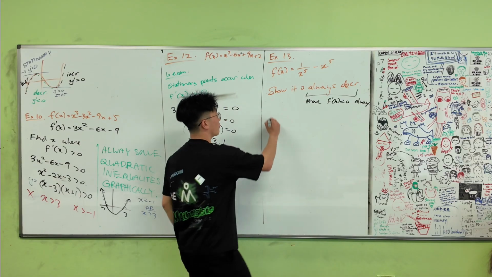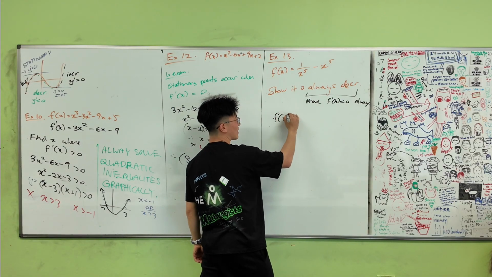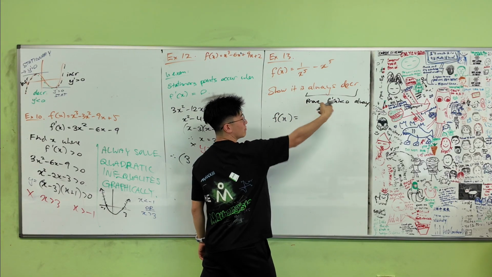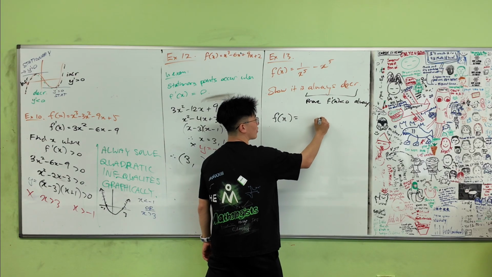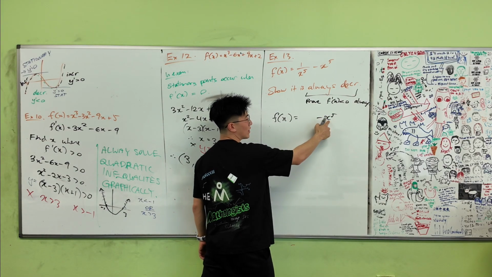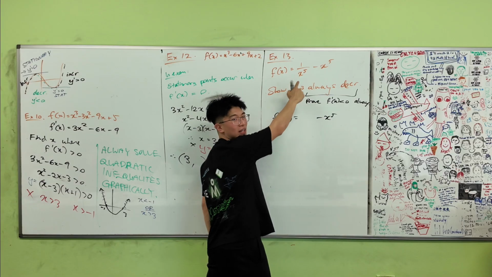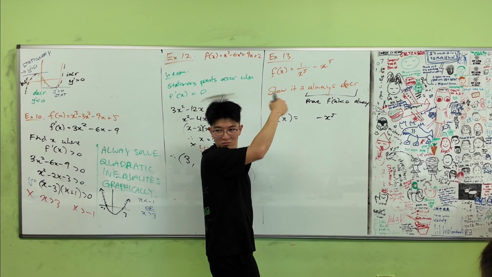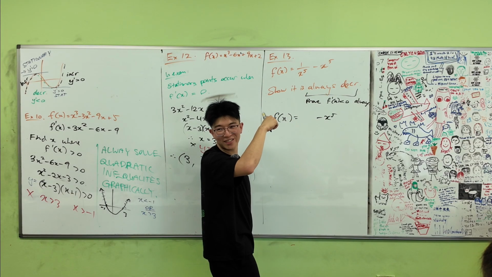To show that something's always decreasing, the derivative is less than 0, so I'm going to differentiate this. I'll do this as separate working out first. x to the 5 is really easy to differentiate. The other one is harder.